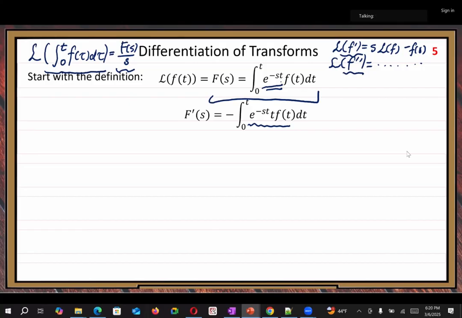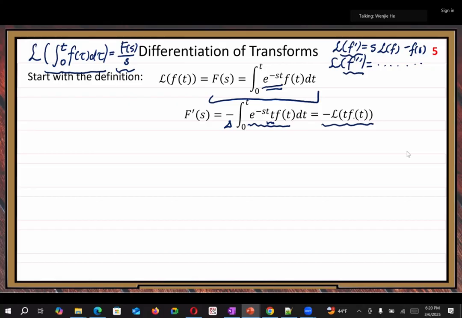Then by the chain rule, you have -1, and you have an extra t. All right. So then you simplify it, and you get this formula: negative Laplace transform of t times the original little f function.